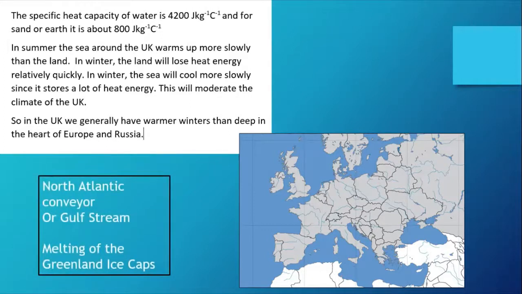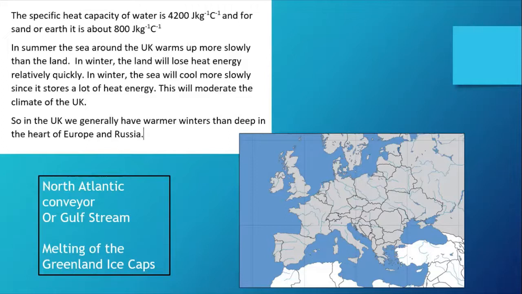But it's not as simple as that, because of course, if you're a geography student, you'll be aware that what used to be called, when I was at school, the Gulf Stream, but now we refer to the North Atlantic Conveyor, carries warmer waters from the tropics up towards the British Isles, and that again, in carrying that warmer water, moderates the climate.